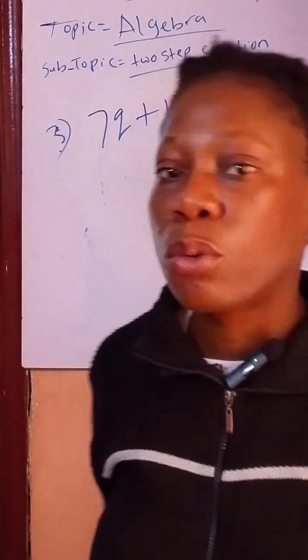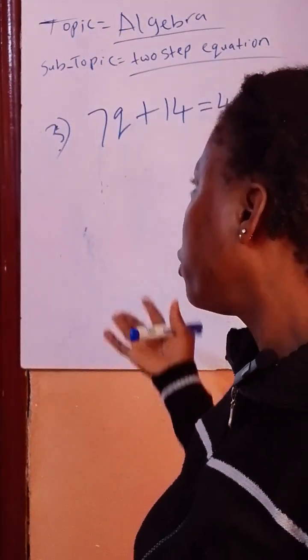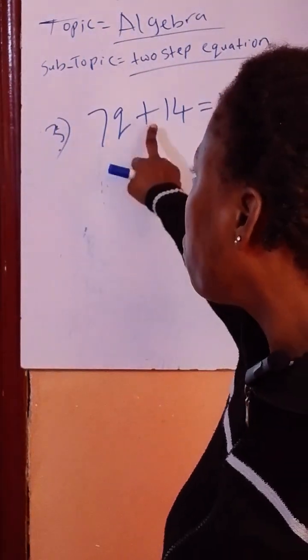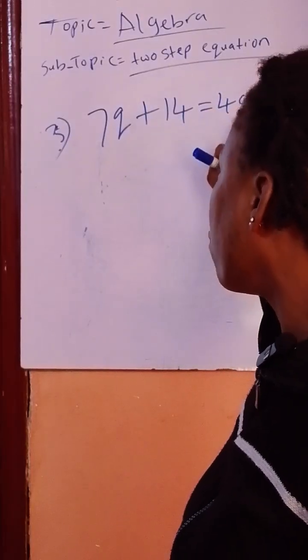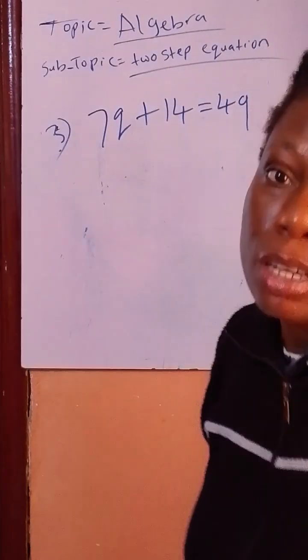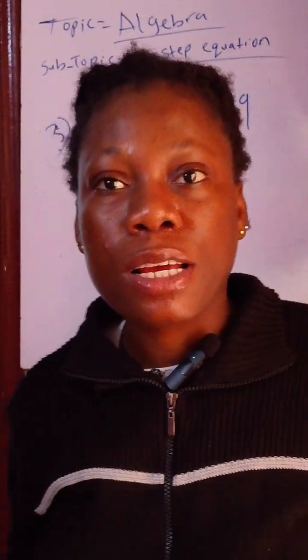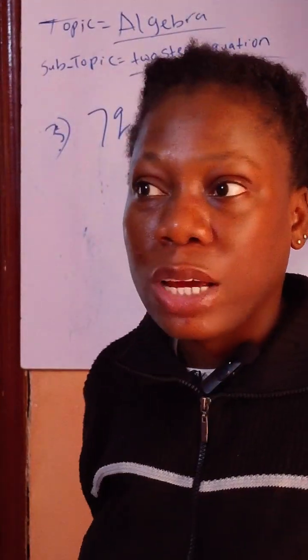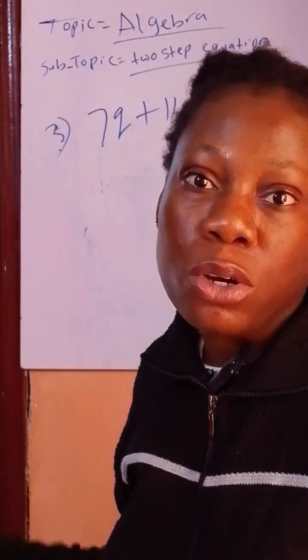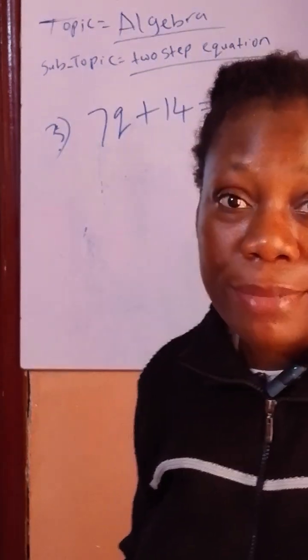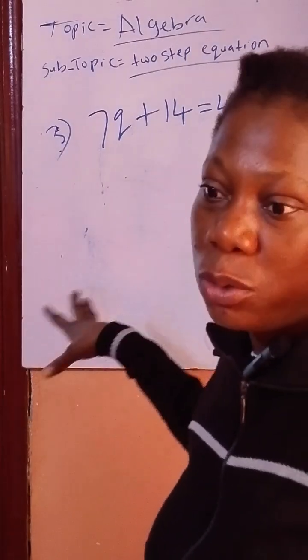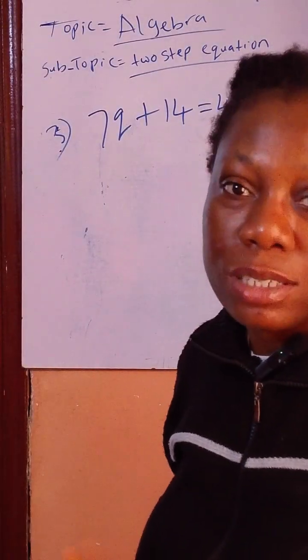This is example 3. We are having 7q plus 14 equals 49. From the few examples we have taken, I know you can now confidently solve two-step equations, right? Let's solve this one together.